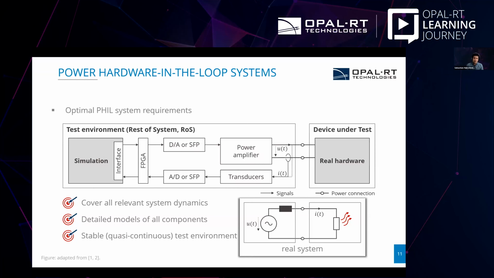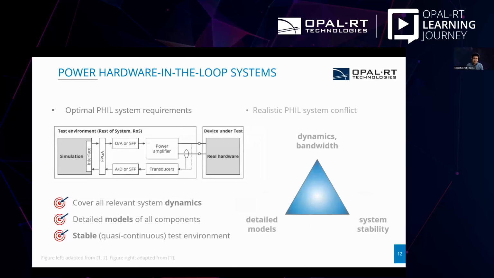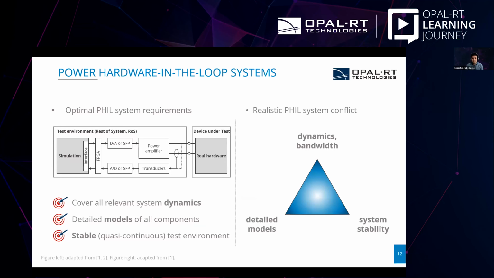This actually leads us to a conflict in realistic PHIL setups. We want to achieve, on the one side, high dynamics, which is reactions like step responses, for example, and also a high bandwidth in order to cover harmonic effects and oscillations. So for that, we will require a low simulation time step in order to be able to represent high frequencies. On the other hand, we want to have detailed grid models. For that, we need a high simulation step in order to have the computational power to simulate all this.